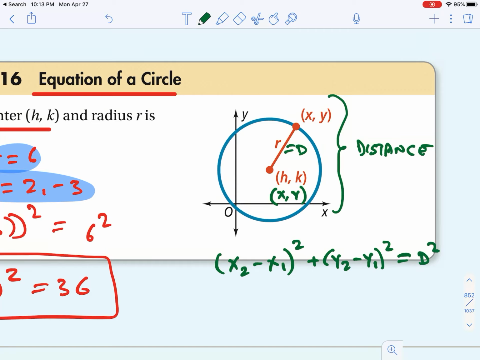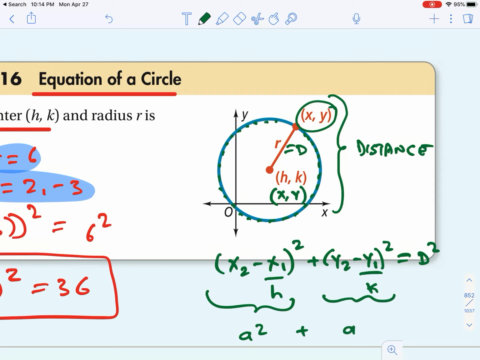Okie dokie. So what is our x2? Well, our x2, that's these guys, right? That's all the points around the circle. And the points that do not change at all are the x1 and y1, right? That's our h and k. And if you really want to go back to where that originates from, it's our Pythagorean theorem, right? a squared plus b squared equals c squared.